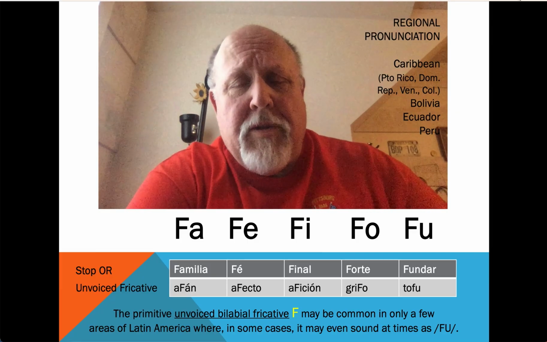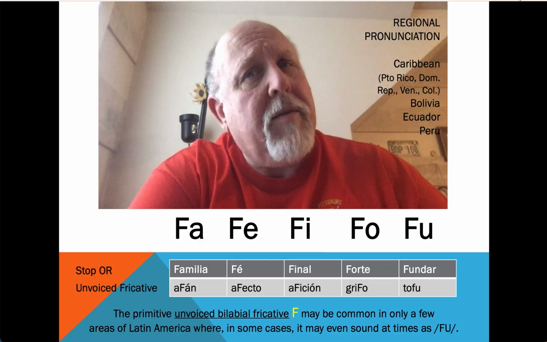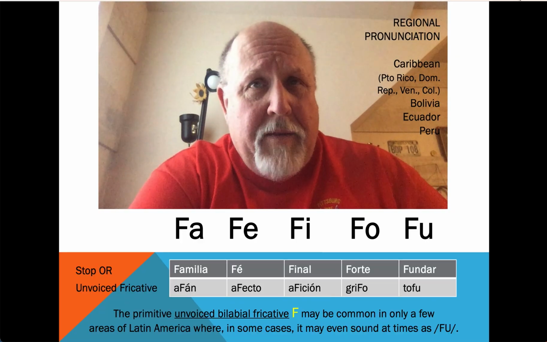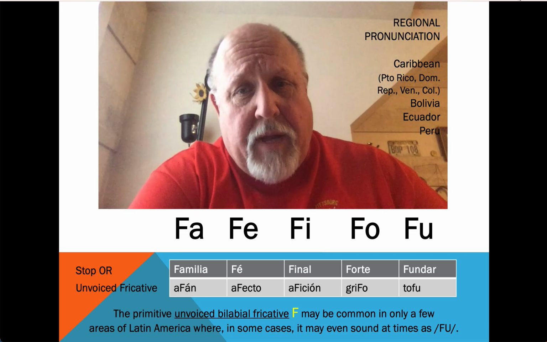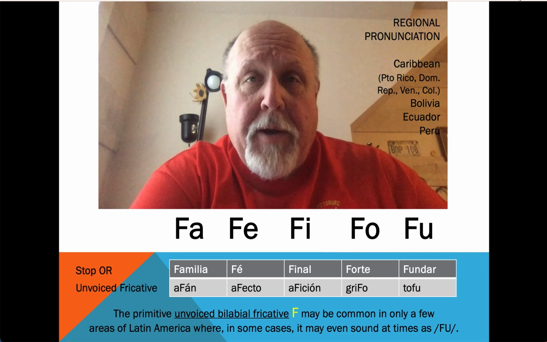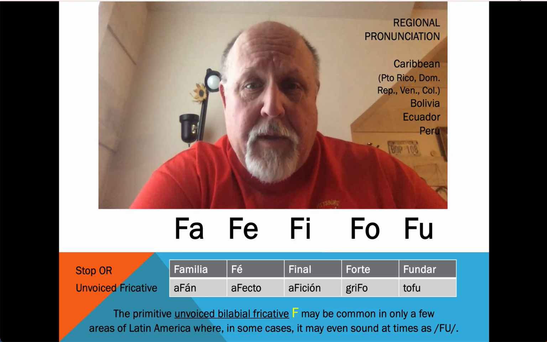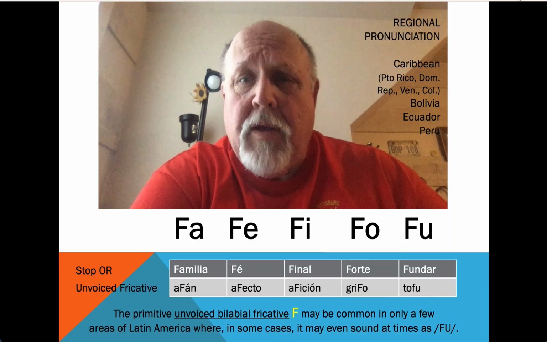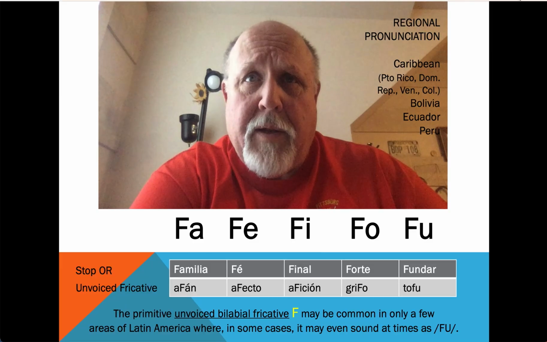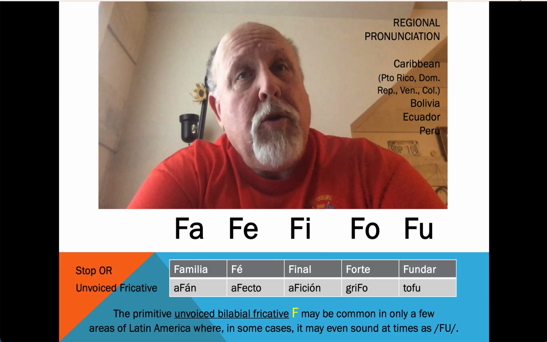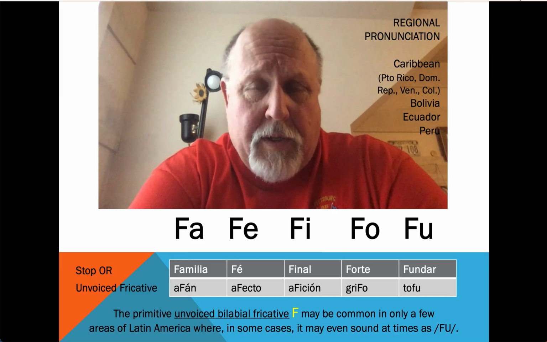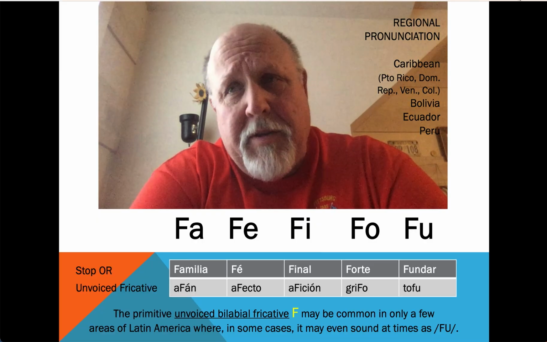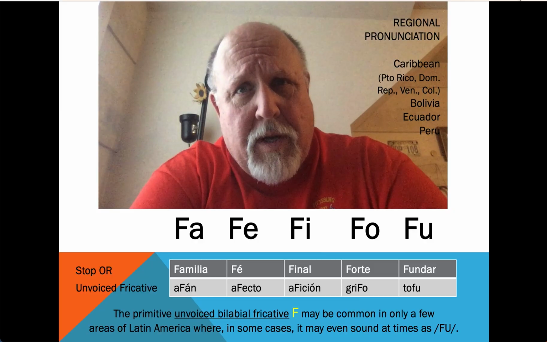And it appears to me that it appears more medially than perhaps at the beginning. But in some Andes regions, you might even get a U with that. So instead of familia, it may come out familia, fue, final, forte, fundar, afán. So there may be a little U sound as well in some of the pronunciation of these, not in all cases, giving differences in speech among individuals as well.